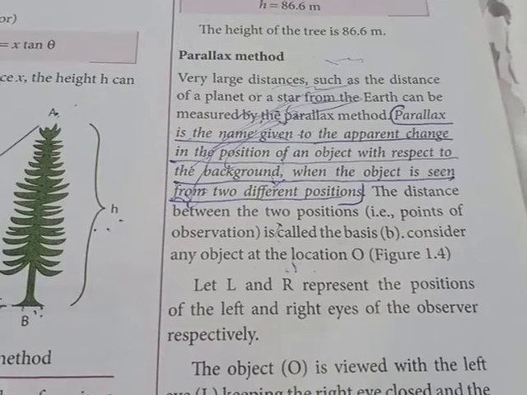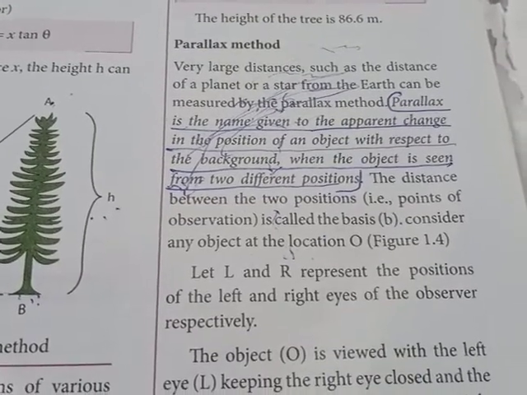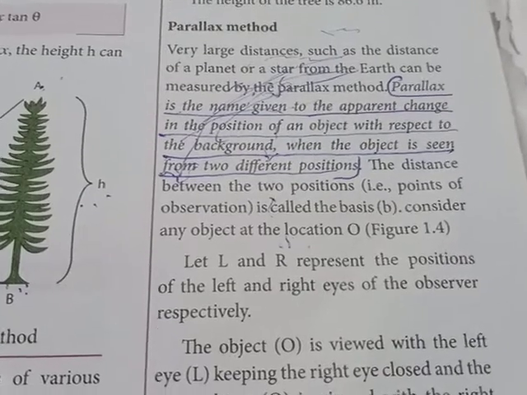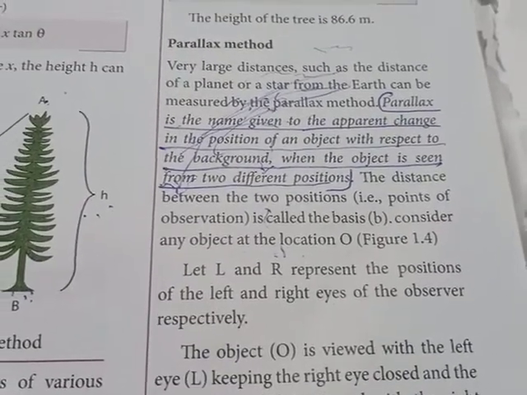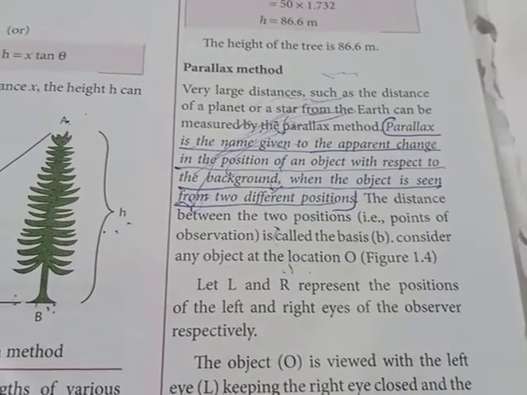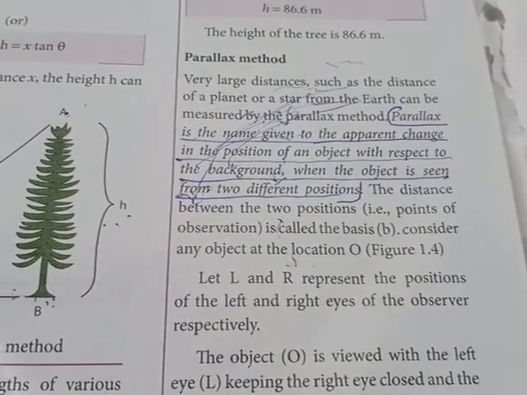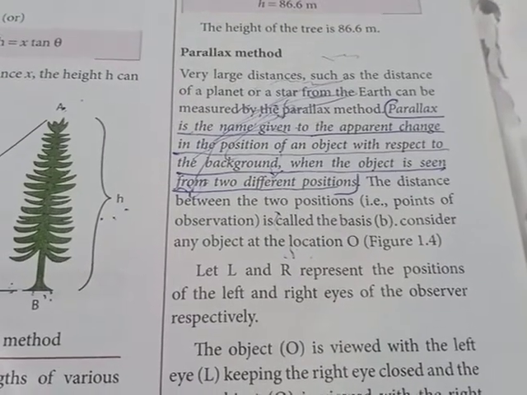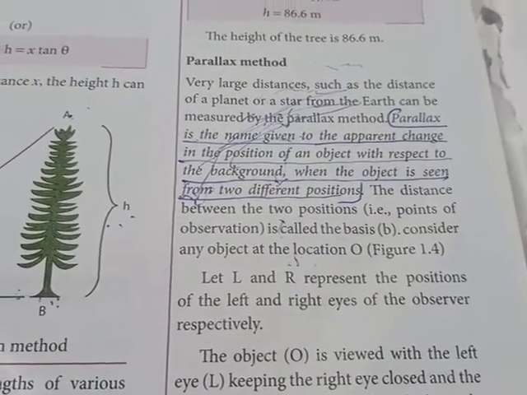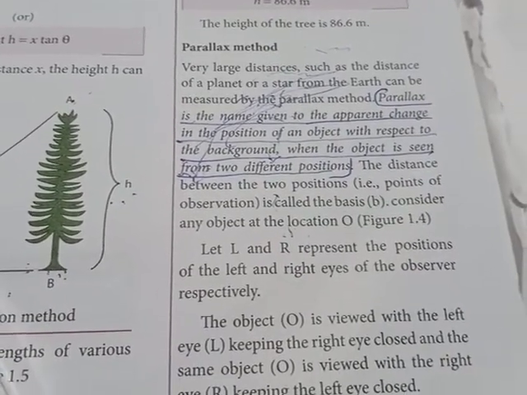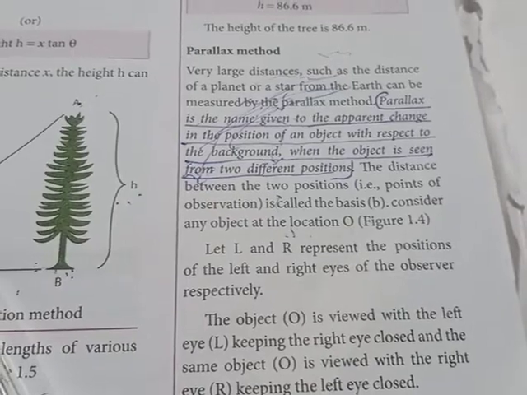Now, without moving the finger, close the other eye and open the one which was closed previously. Now you can see that the finger position has changed with respect to the background. This is observable, and you can check it in your home.